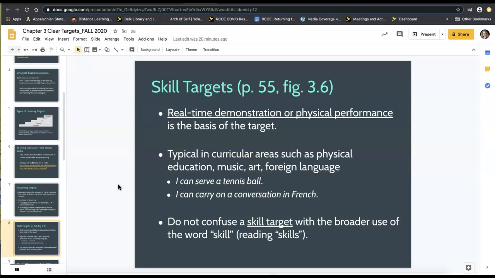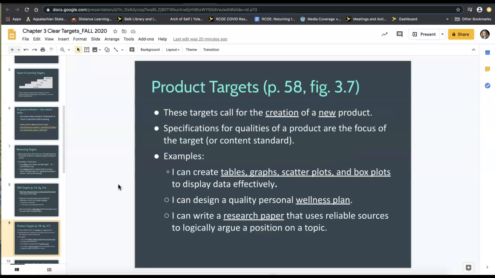In everyday speech, we often use the word skill to talk about all kinds of things, but that's not how they're using it in this text. So be aware of that as you are writing your own learning targets.